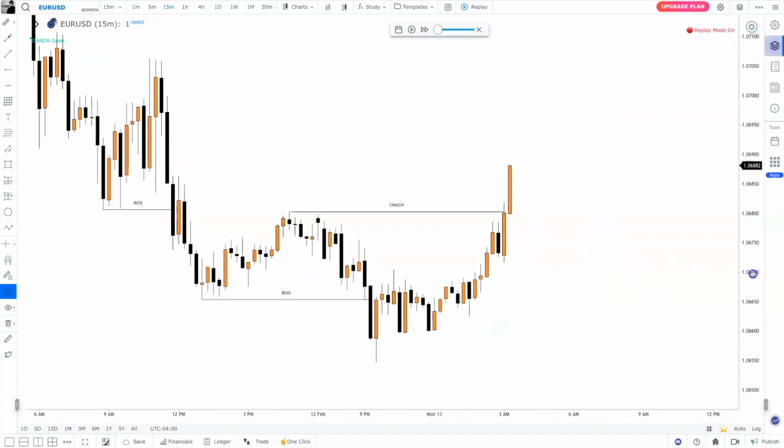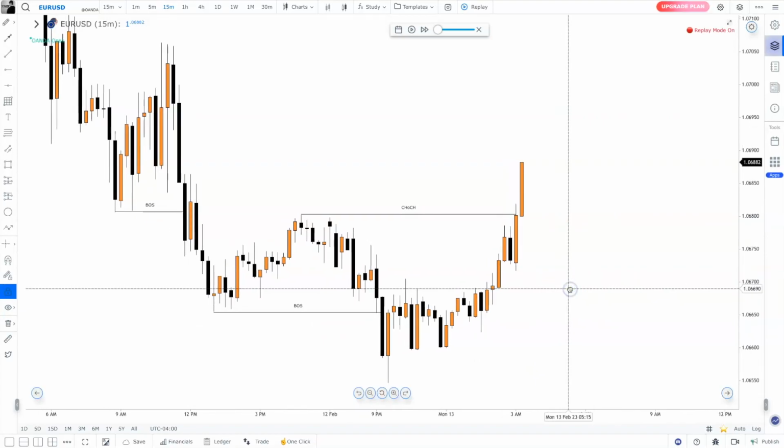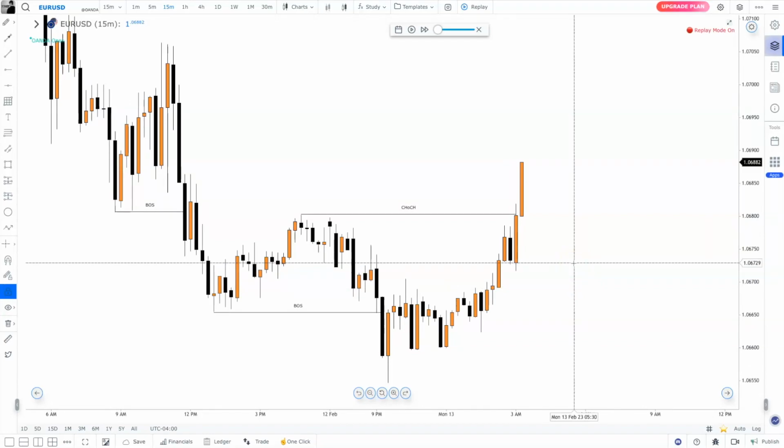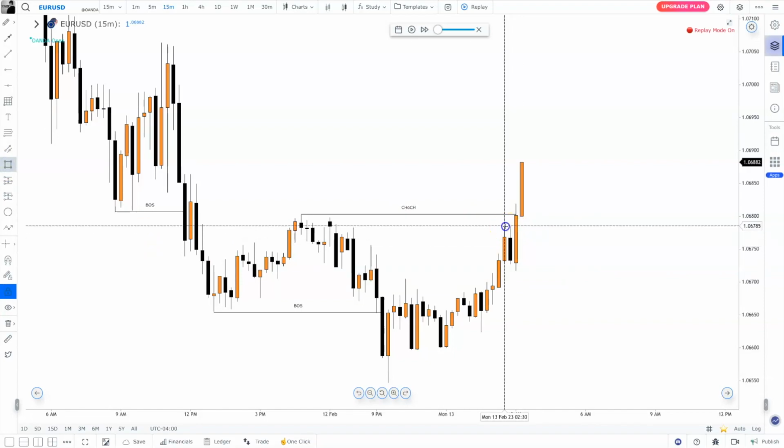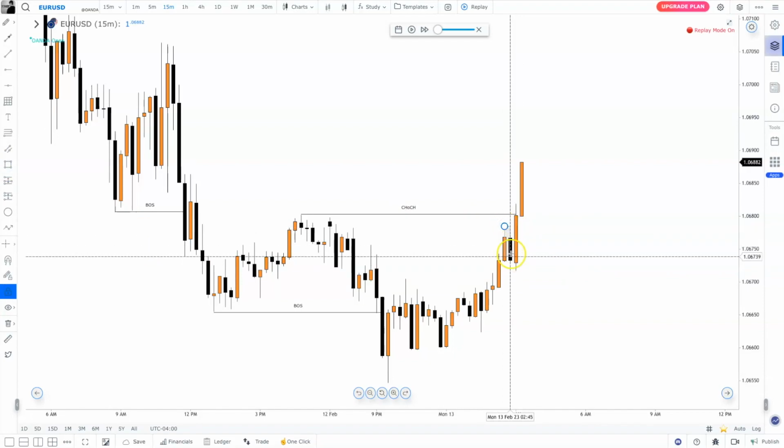First, one of the most important rules in smart money concepts is where the order block is formed. We normally want to see aggressive buying or aggressive selling. We can mark up this zone right here. I see the previous candle, this black candle before the big push that caused the break right here.